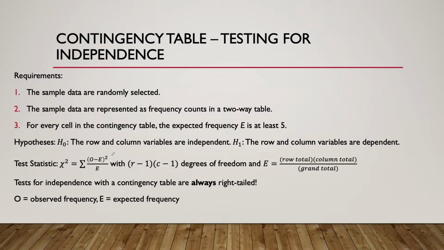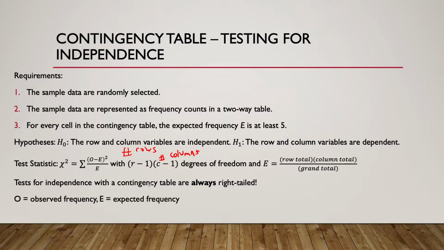So r is the number of rows, c is the number of columns. And E is the row total times the column total divided by the grand total.